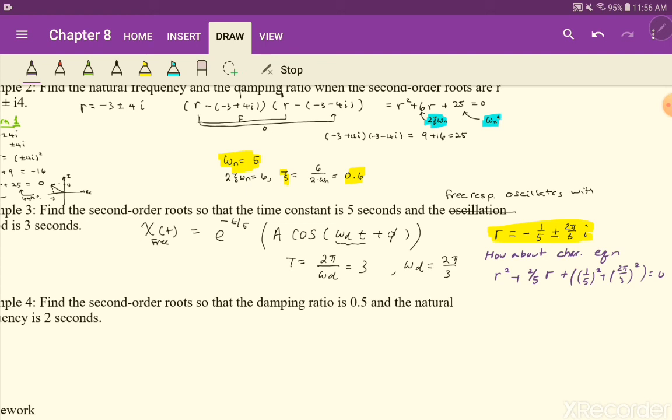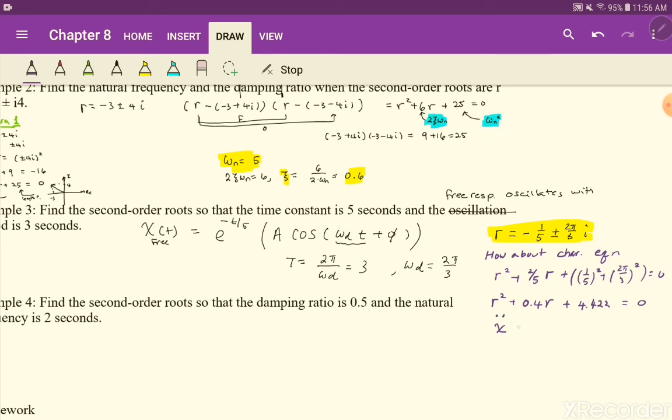It's 2 times pi, 2 times 3.14 divided by 3 squared plus 0.2 squared. Okay, so that's 4.422. So this is equal to r squared plus 0.4r plus 4.422 equals 0. And the system model that came out of it will be x double dot.